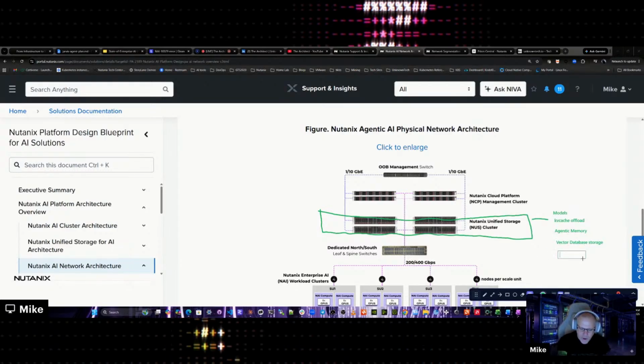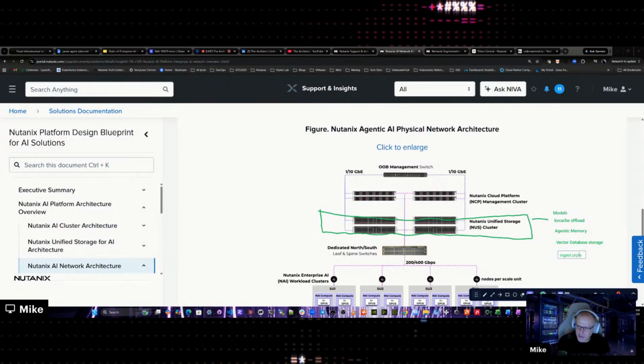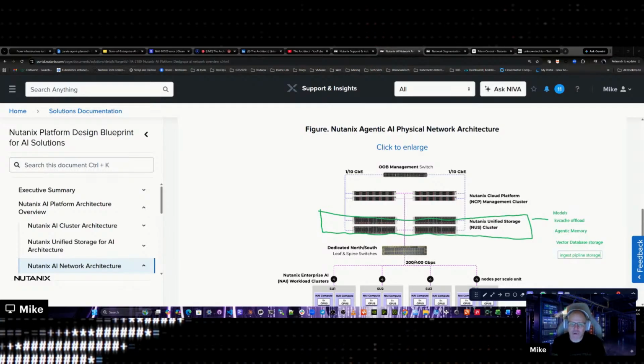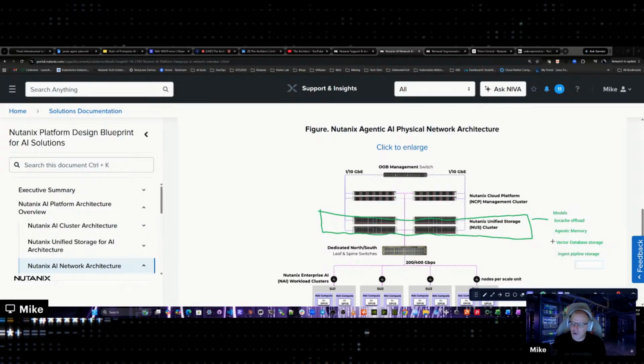Could have your ingest pipeline storage. So the ingest pipeline, meaning bringing your data in to go through a pipeline process to make it AI ready, to go through those pipeline phases, where you're taking that data and making that data AI ready.